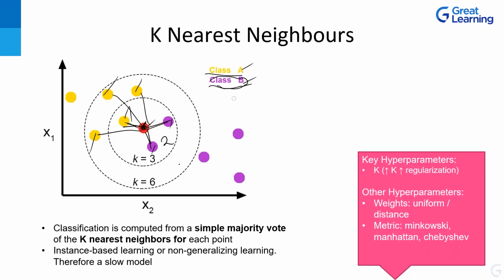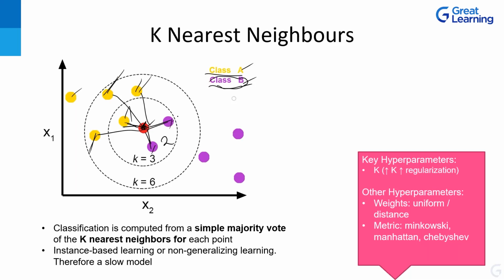Now, the KNN algorithm is actually quite different compared to our other algorithms. The reason is that a KNN algorithm does not try to store the generalization of the model. What it does is it saves all the data points onto the memory.